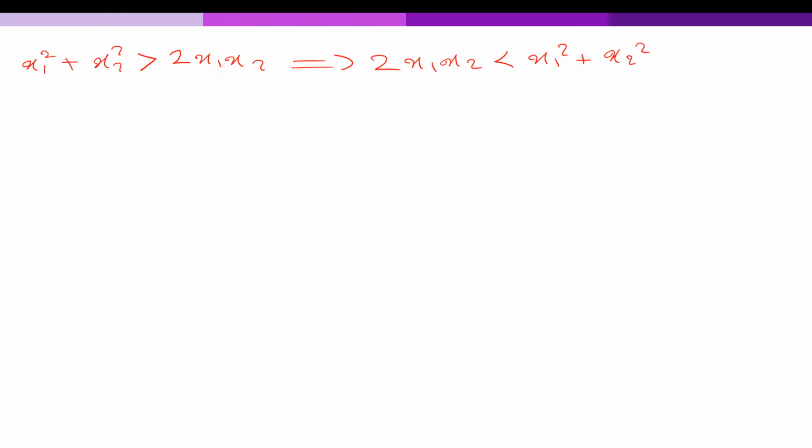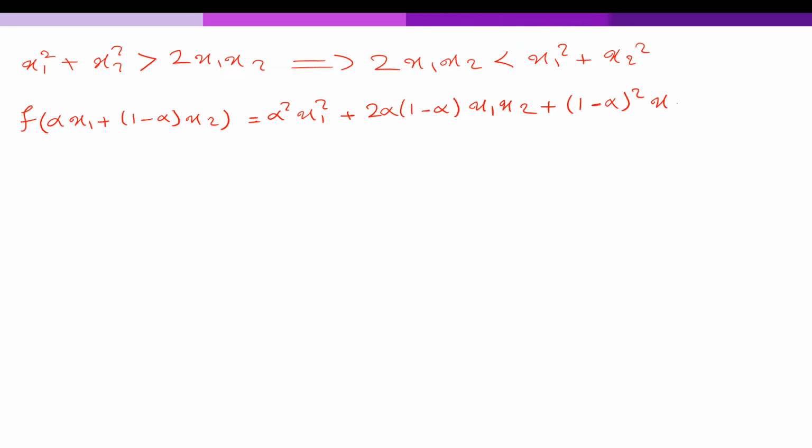Now on the other hand, we know that f of alpha x1 plus 1 minus alpha x2 is equal to alpha squared x1 squared plus 2 alpha 1 minus alpha x1 x2 plus 1 minus alpha squared x2 squared.